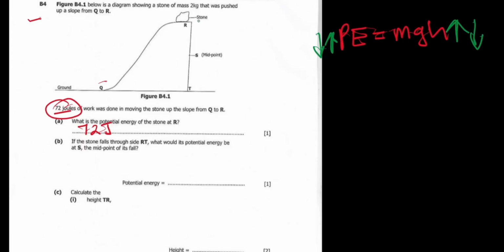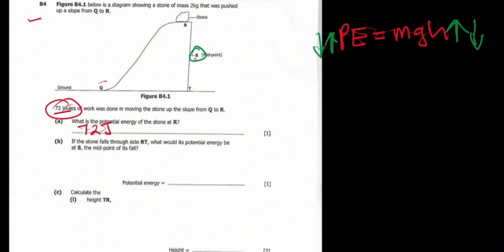Now, as the stone starts to fall, you must remember that it starts to lose its potential energy to kinetic energy. Because it is moving, the energy possessed by an object when it is moving is the kinetic energy. So there is a net conversion of energy from gravitational potential energy to kinetic energy.